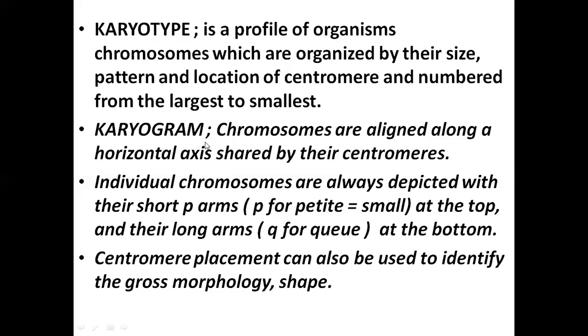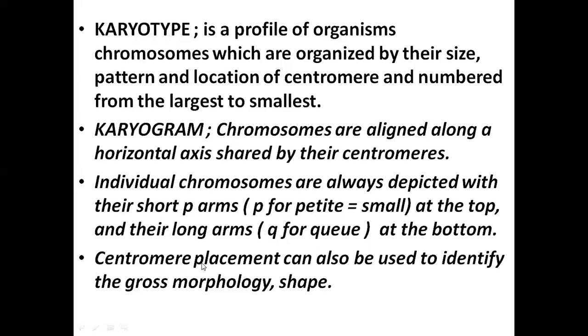A karyogram is where the chromosomes are aligned along a horizontal axis shared by their centromeres. Individual chromosomes are always depicted with their short P arms, P for petite, meaning small, at the top, and the long arms, Q, at the bottom.